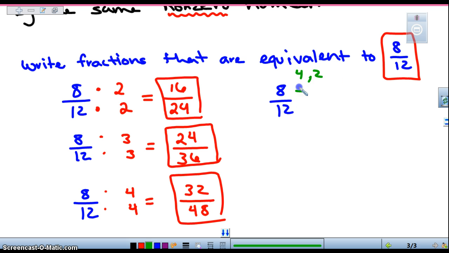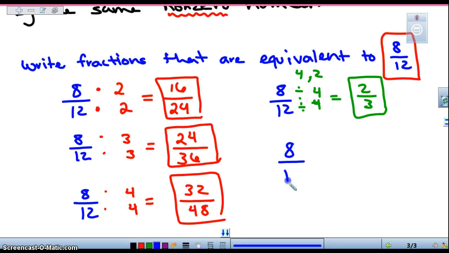Okay, so let's say we divide 8/12 by 4. That means this is equal to 2 over 3. You've probably seen this as simplifying. We could also divide 8/12 by 2, and we would get 4 over 6, and this would also be an equivalent fraction.